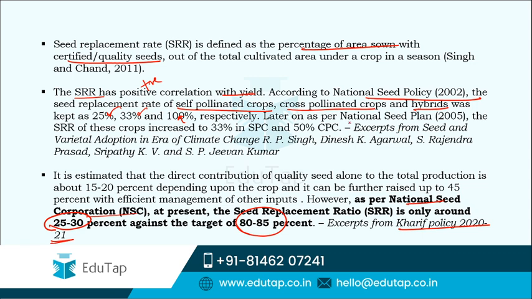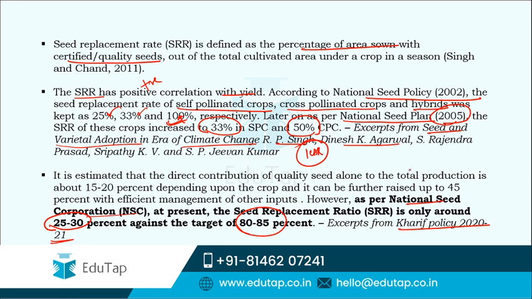Later on, the National Seeds Plan, released in 2005, increased the SRR of self pollinated crops to 33% and cross pollinated crops to 50%. As usual, hybrids are 100%. This I have taken from Seed and Varietal Adaptation in Era of Climate Change by R.P. Singh and Dinesh Agarwal, who are ICAR dignitaries.